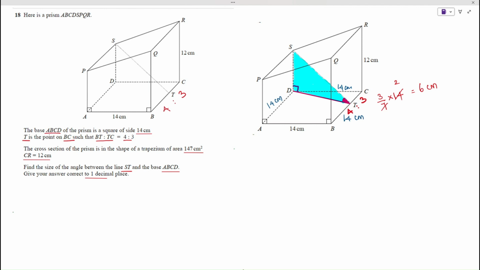And we have the angle that we're meant to identify. So the angle between the base and ST. We have that labeled here as theta.